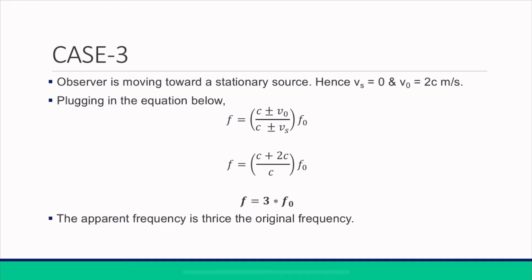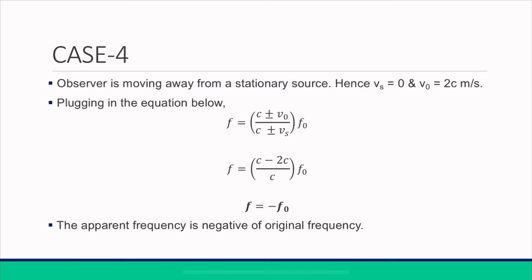The source is stationary, so the velocity is 0, whereas the observer's velocity is twice the speed of sound, or Mach 2. So if you plug in those values, you get the apparent frequency registered by the observer in the plane is thrice the original frequency. This is because of the velocity of the observer. And the next case is the observer is moving away from the stationary source.